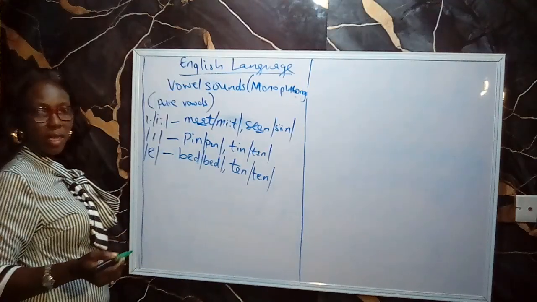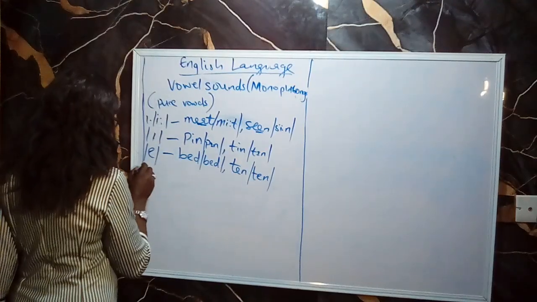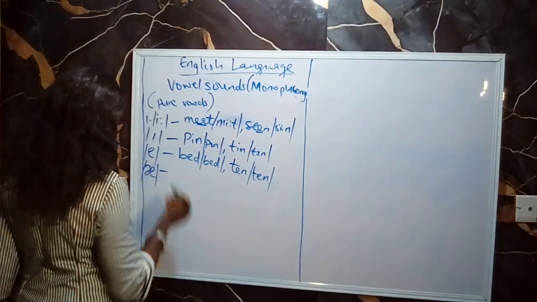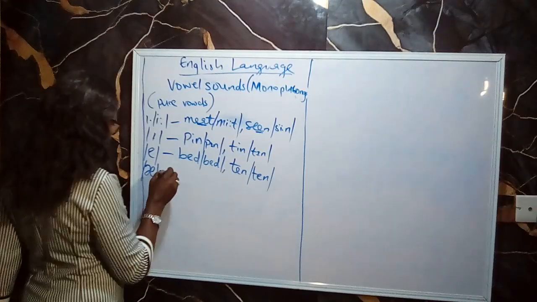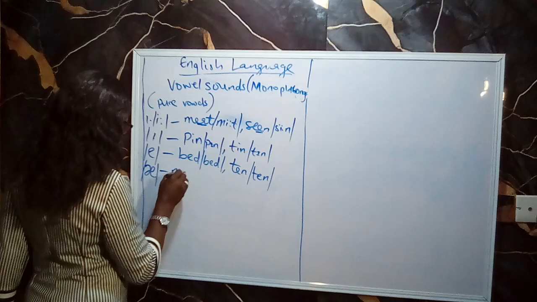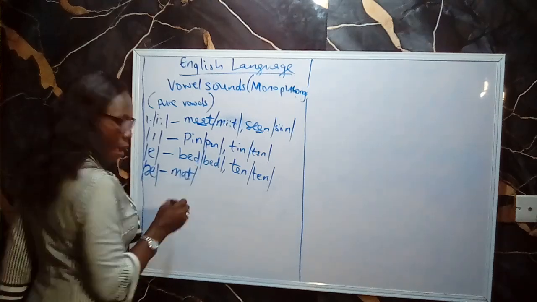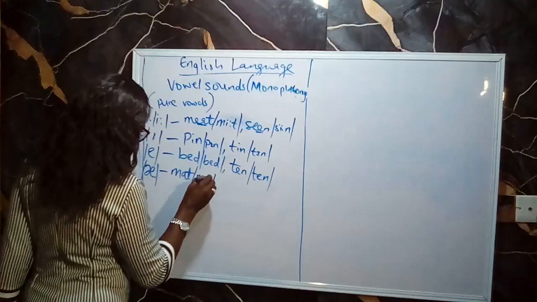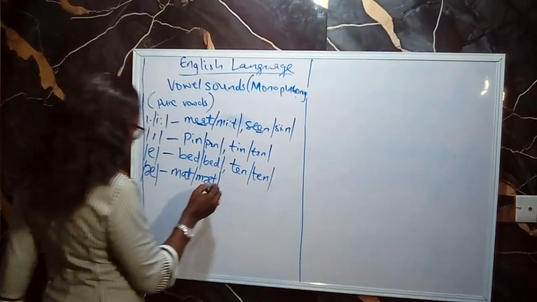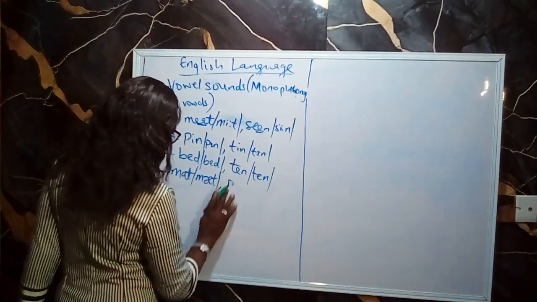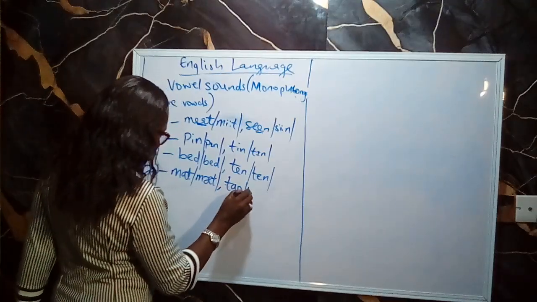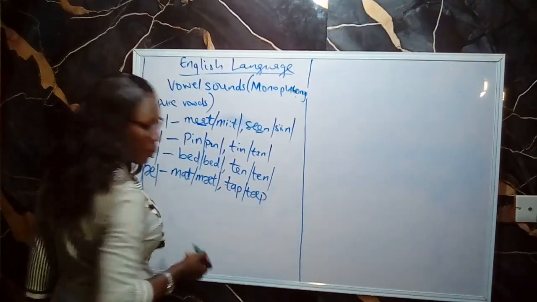The next one is a. And under this we have mat, and then we also have tap.